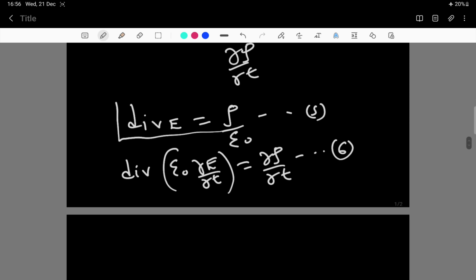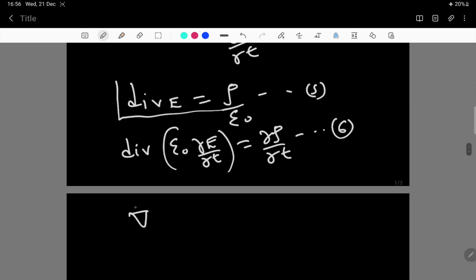Now look at it carefully. It was given by del dot J plus partial rho partial t equals 0.